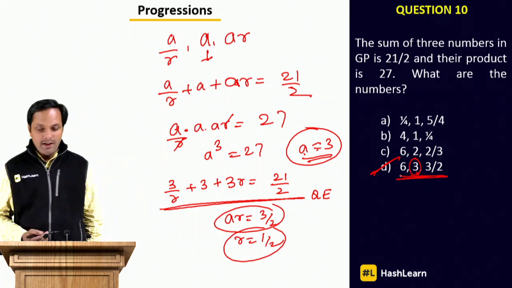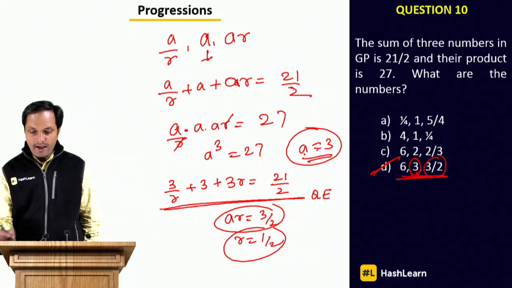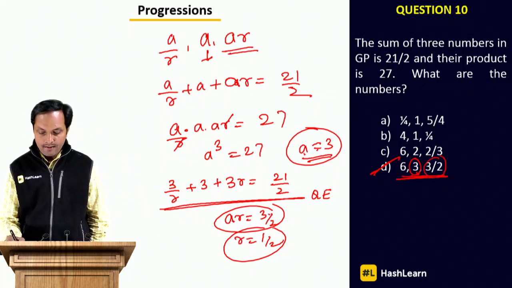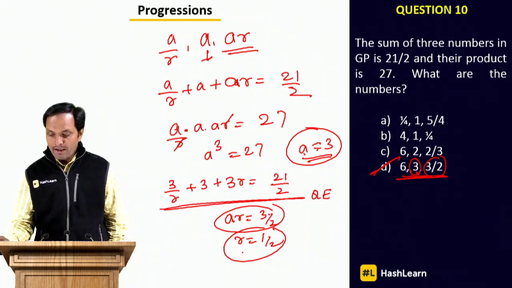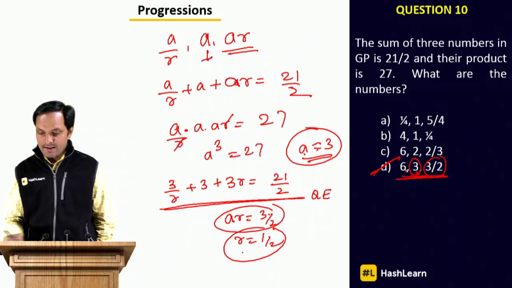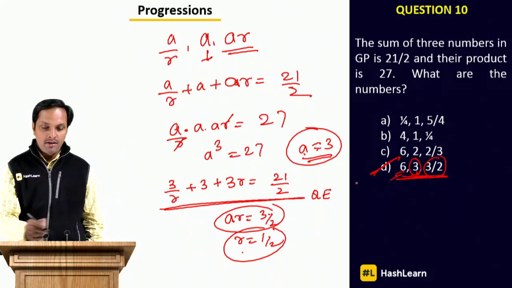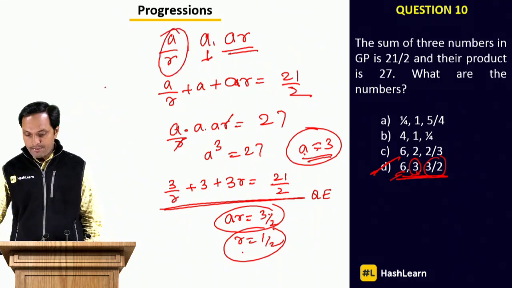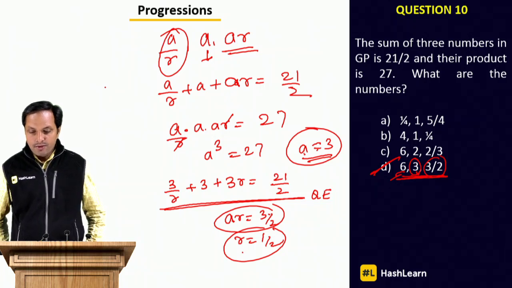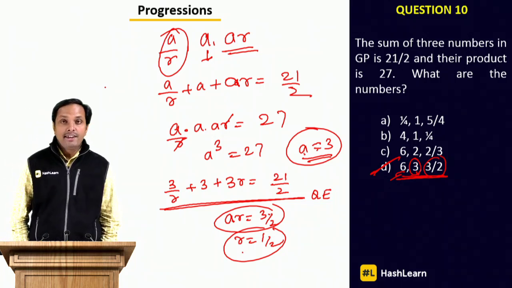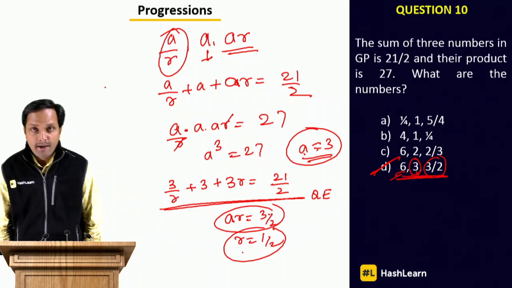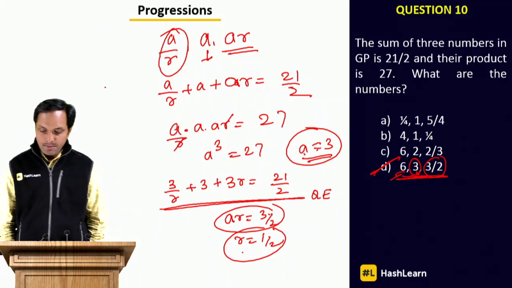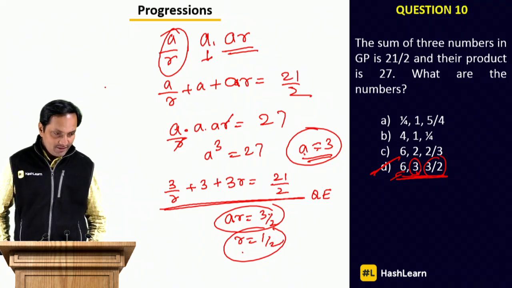We can also cross verify: 3 by 2, take it as ar, and r is 1 by 2. When you multiply 3 divided by half, it becomes 6. So 6 is the preceding term, a by r. So the three numbers are 6, 3 and 3 by 2. Is it clear? Okay.